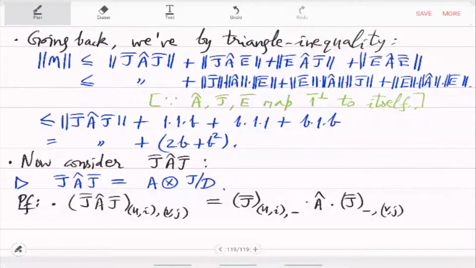In other locations, it's 0. So when you multiply these two things with A hat, you have to check this, you will actually get the (u,v)th entry of A hat.